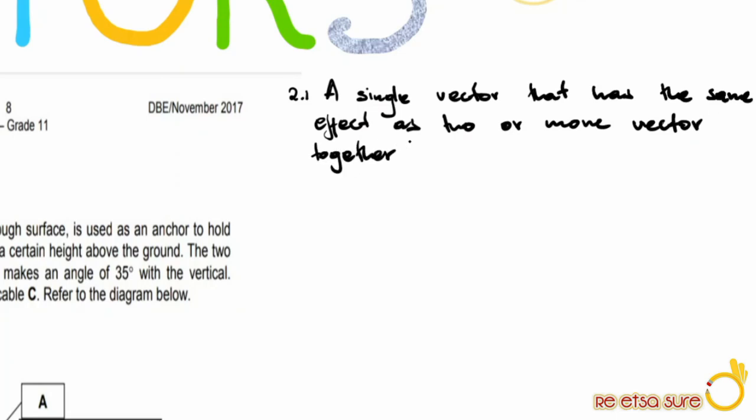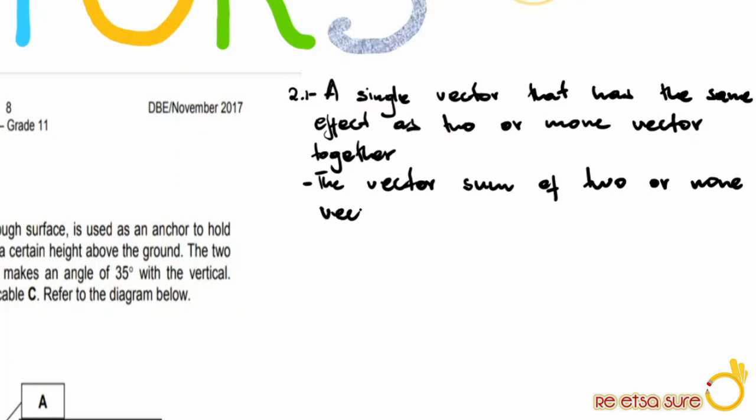And option number 2, a resultant vector can be defined as the vector sum of 2 or more vectors, or a single vector that has the same effect as 2 or more vectors together.